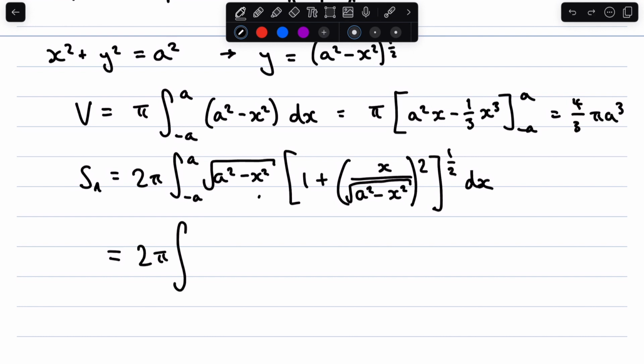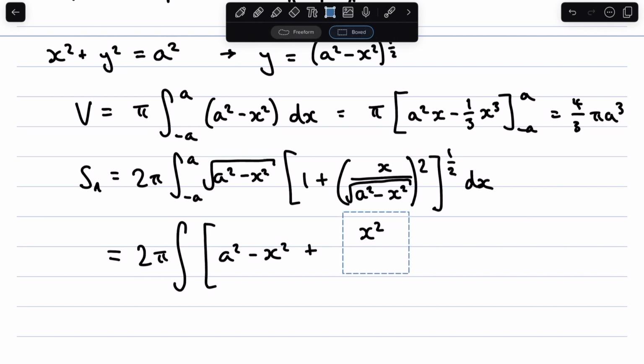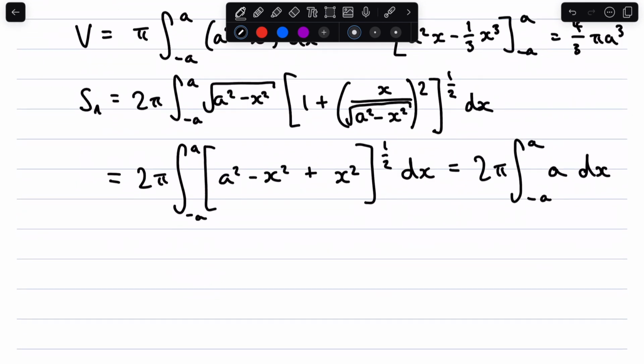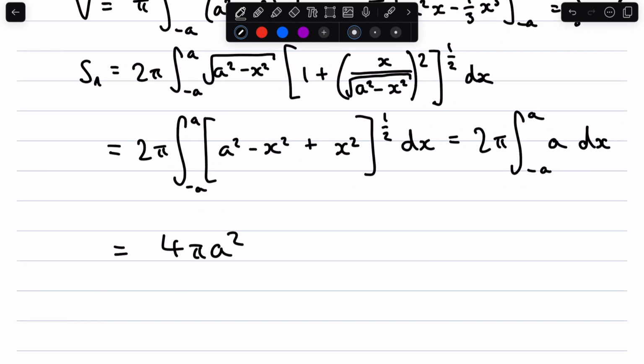Now this should simplify nicely if we put this square root in here, so we'll get all of this square rooted of a squared minus x squared, so that's times by our 1, plus, and when we square this bottom of the fraction, we'll get another a squared minus x squared, and on top we'll get an x squared, but this will cancel out with our a squared minus x squared that we've put in, so we just have an x squared there, all square rooted dx, which equals 2 pi integral of minus a to a, and I forgot the limits here, of just a dx, which gives us our 4 pi times a squared, as we should expect for the surface area of a sphere.